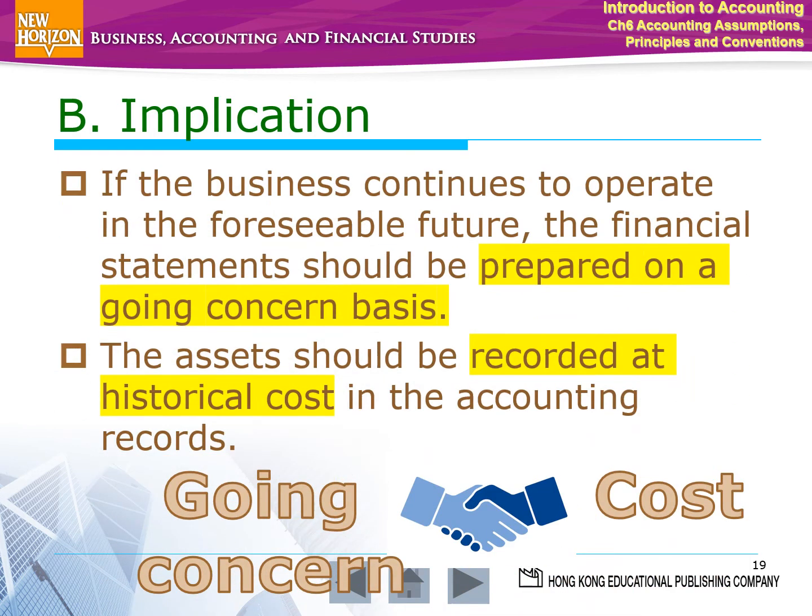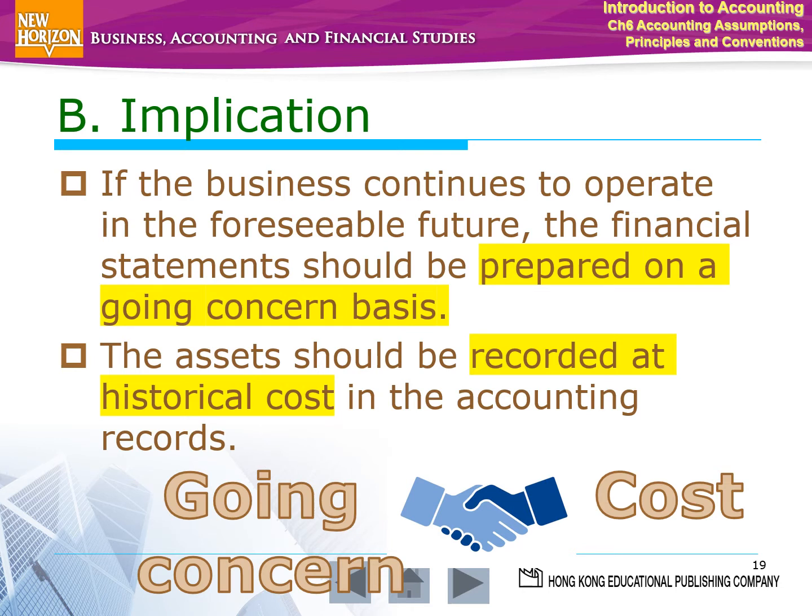The implication is if this business continues to operate in the foreseeable future, the financial statements should be prepared on a going concern basis. That means the assets should be recorded at the historical cost in the accounting records. Just look at the hand-in-hand picture. The going concern concept goes hand in hand with the cost concept.